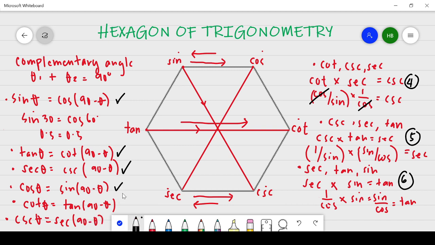Just give it a try on your calculator and I ensure you that this is all correct. Okay, nakapag-derive na naman tayo ng 6 na set of formulas for the complementary angles. And let us proceed for our last trick.